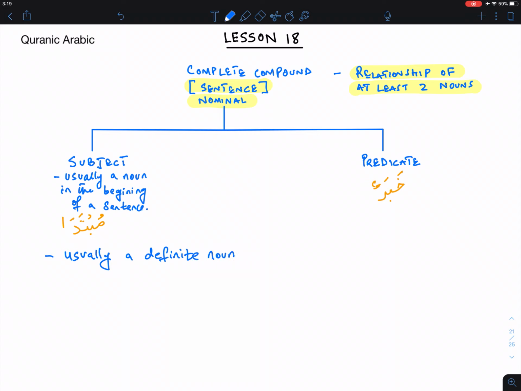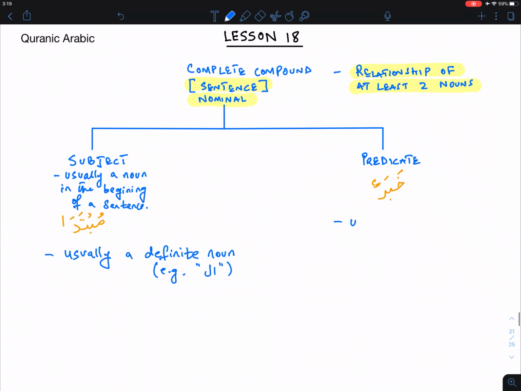So far, in what I have discussed with you, I've only given you one form of the definite noun, which is the one that accepts alif lam, such as al-kitabu, then you know that's a definite noun. Now, the predicate usually is indefinite.